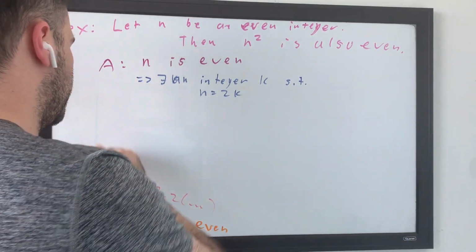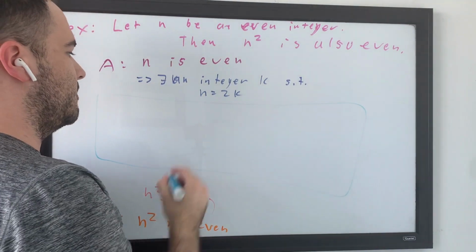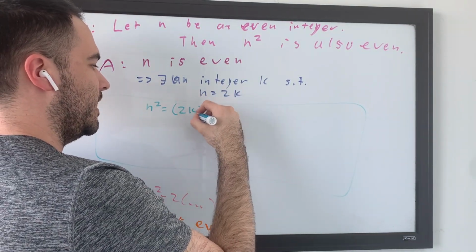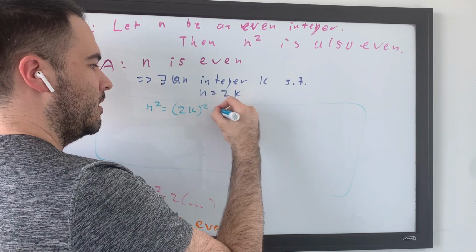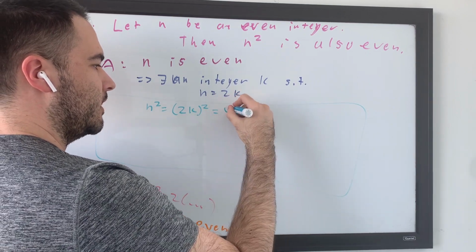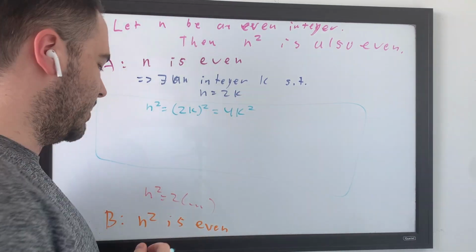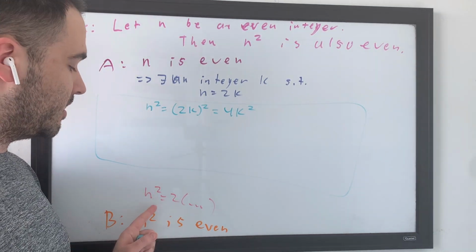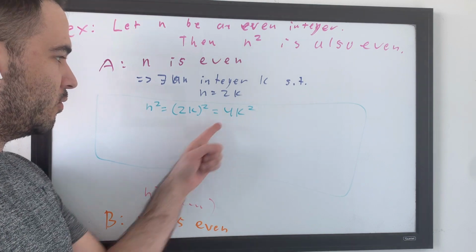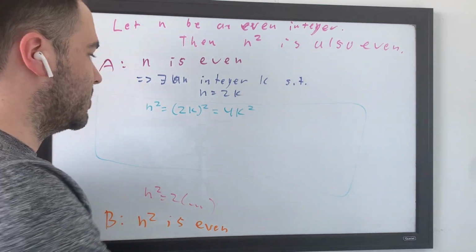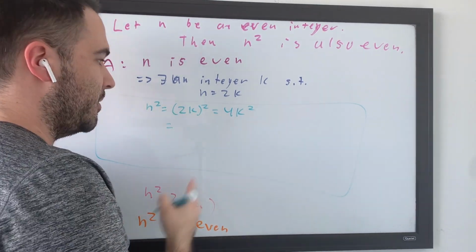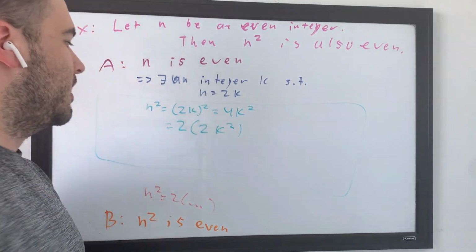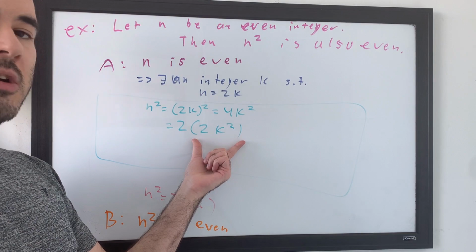Let's start with the math in the middle. We'll take n squared and apply our first statement to get (2k) squared. Breaking this out of the bracket, we get 4k squared. Again, when doing the forwards and backwards method, we know what form we need this to look like. So it's a lot easier to say, okay, let me factor out a 2 from this, and I'll get 2 times, in brackets, 2k squared.